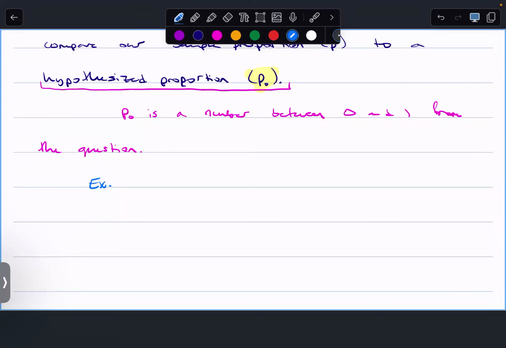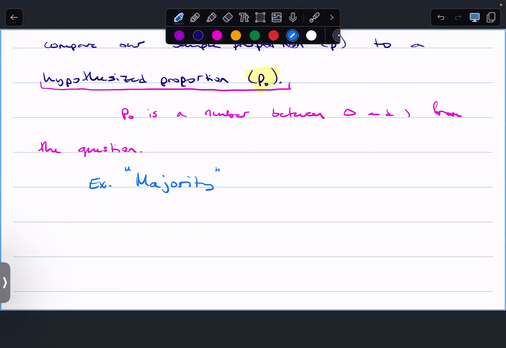What does that mean in terms of a proportion? A majority means more than 50%, right? And so then really what I'm saying is that what I want to compare my sample proportion to is 50%. Is it 50% or higher, right?